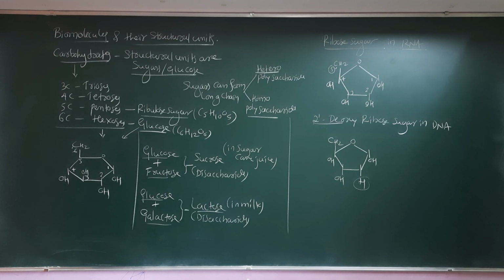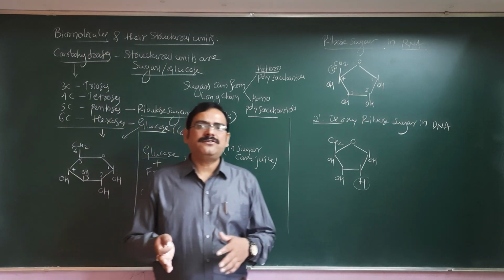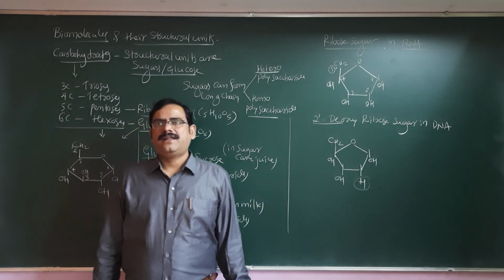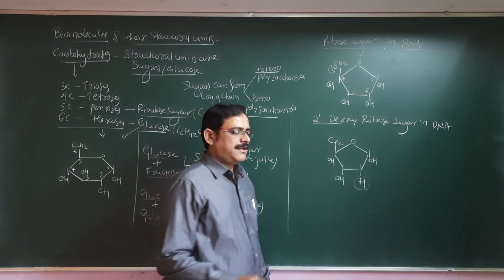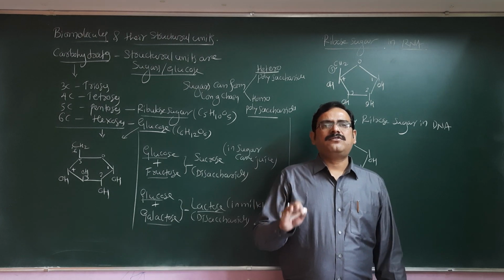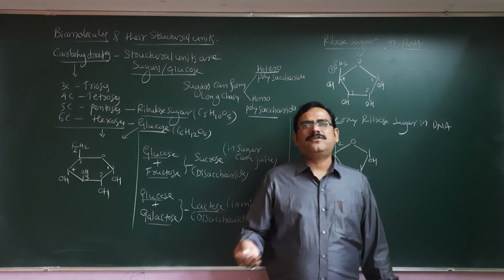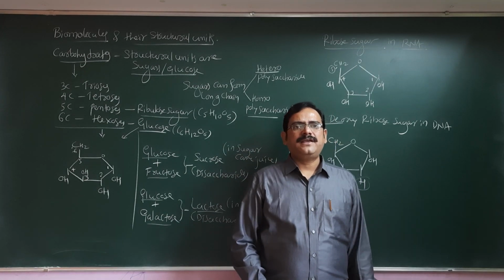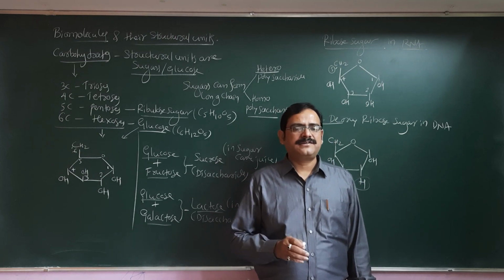We need to understand one more important concept. The structural units found in DNA we will also discuss. Then we will go ahead with the physiological role of proteins and their structural details. Then we will discuss polysaccharides, some important homopolysaccharides and heteropolysaccharides, and their physiological importance.